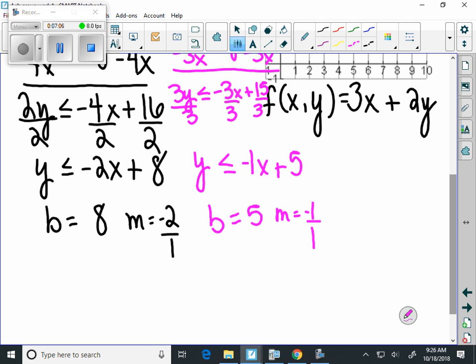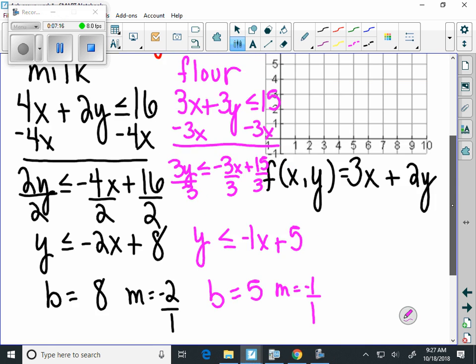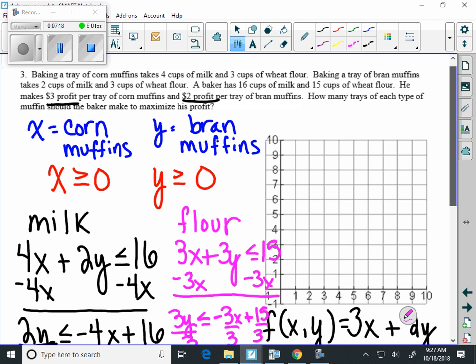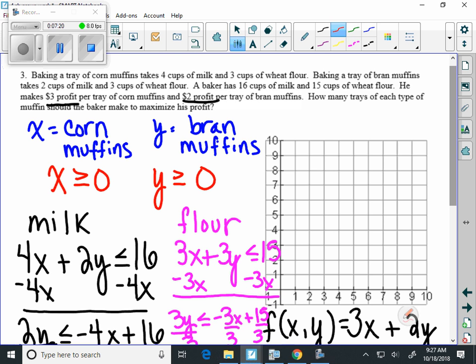And we're going to graph. We want to find the feasible region, and from the feasible region, we want to find the vertices of that convex polygon. But to start, we're going to graph x is greater than or equal to 0 and y is greater than or equal to 0. X is greater than or equal to 0 means that we're going to be crossing the x-axis. This means that this is a vertical line.